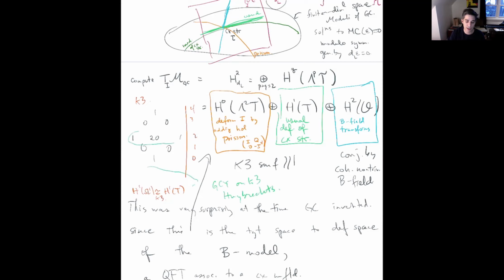He's observing that the same period map for K3 surfaces actually extends to generalized complex K3 surfaces. And that gives you a combination of all three types. You can deform in a way that is neither complex, nor B-field, nor Poisson. It's some combination of all three. And I guess, on a hyperkähler manifold, you can obviously do a similar thing.